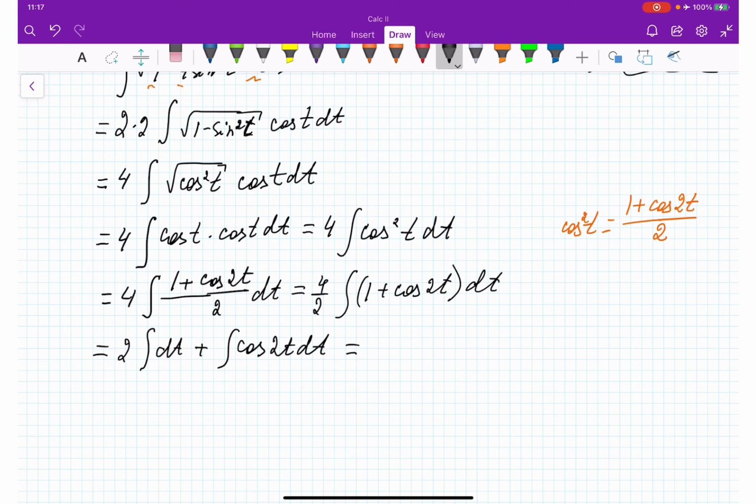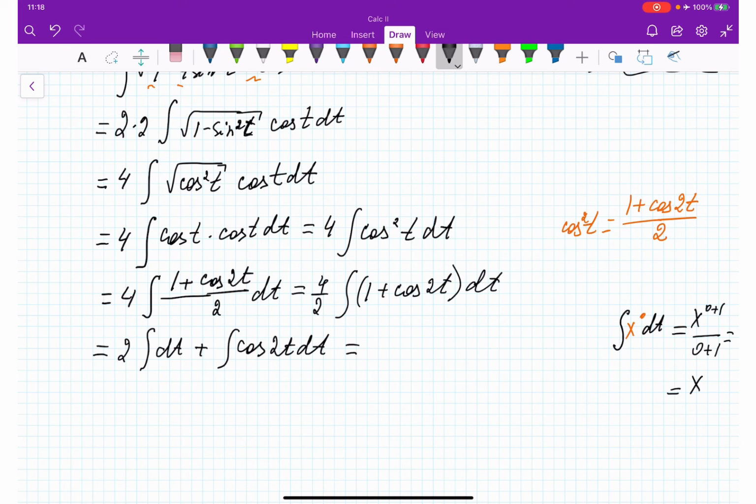Well, to remind you one more time, when I have dt, that means I have x to the power 0, right? Because it's 1. And as a result, we are getting x to the power 0 plus 1 divided by 0 plus 1, which is equal to x.